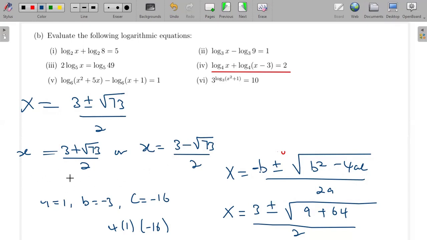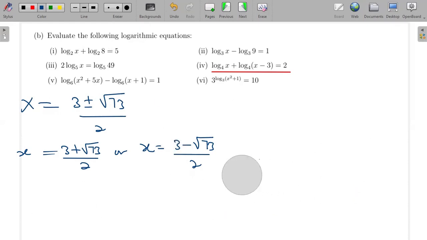If you have a calculator, you can punch this to get the actual answers, but for me, I'm just going to leave them here. All right, so any questions there, guys?